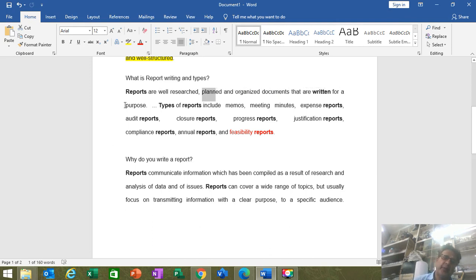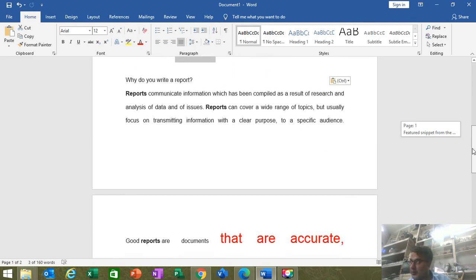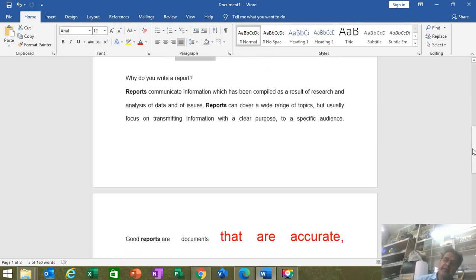They are written for a purpose, and they include memos, meeting minutes, expense reports, audit reports, closure reports, progress reports, justification reports, compliance reports, annual reports, and feasibility reports. You must try to keep these kinds in your mind.